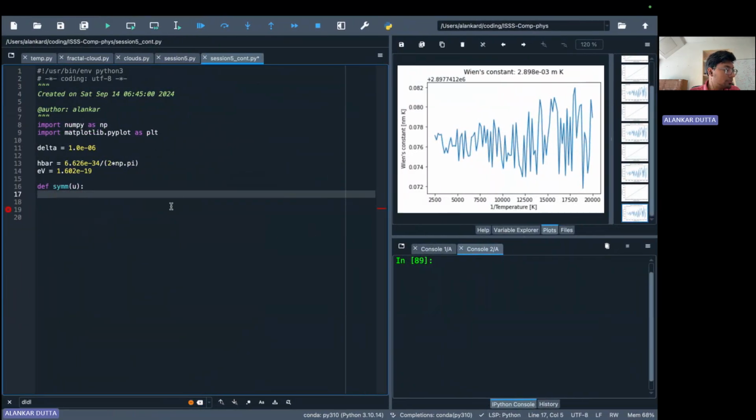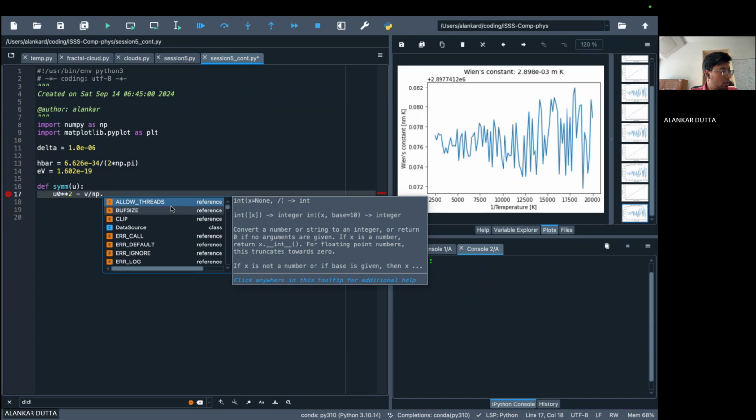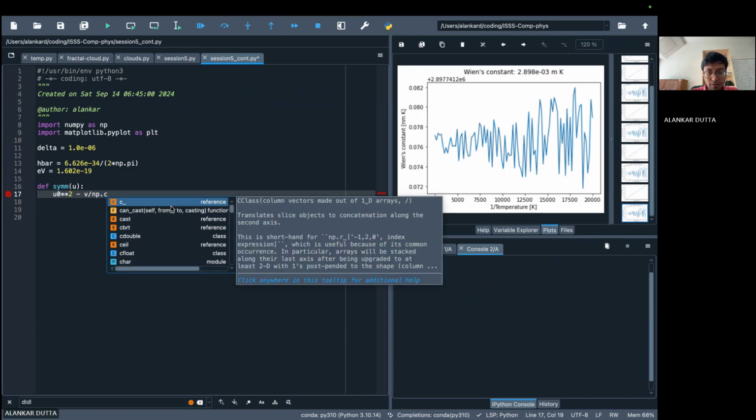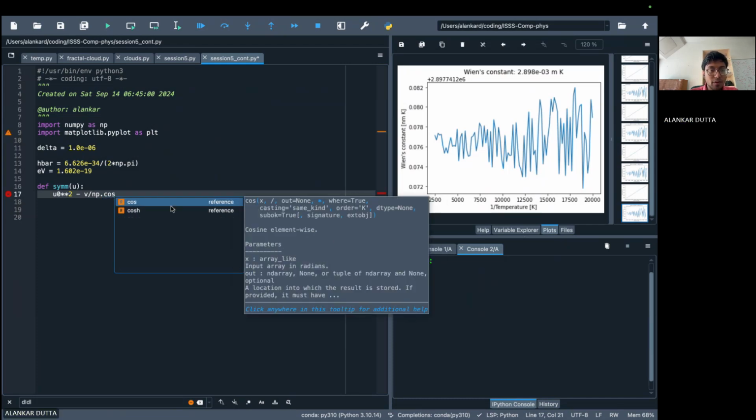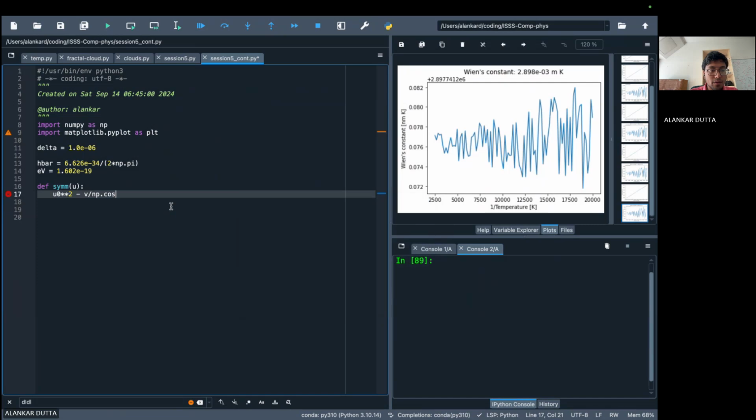So this will be u0 star star 2 u naught square minus v by cos v, this square.